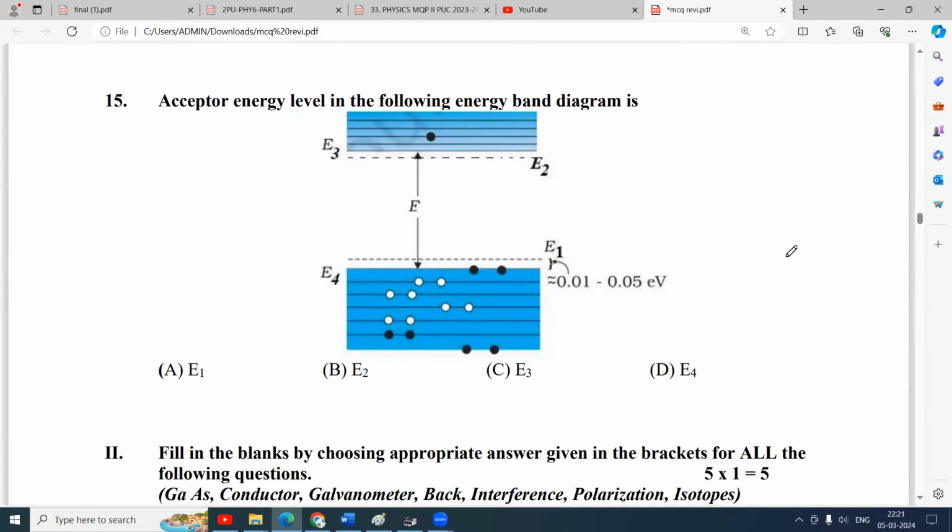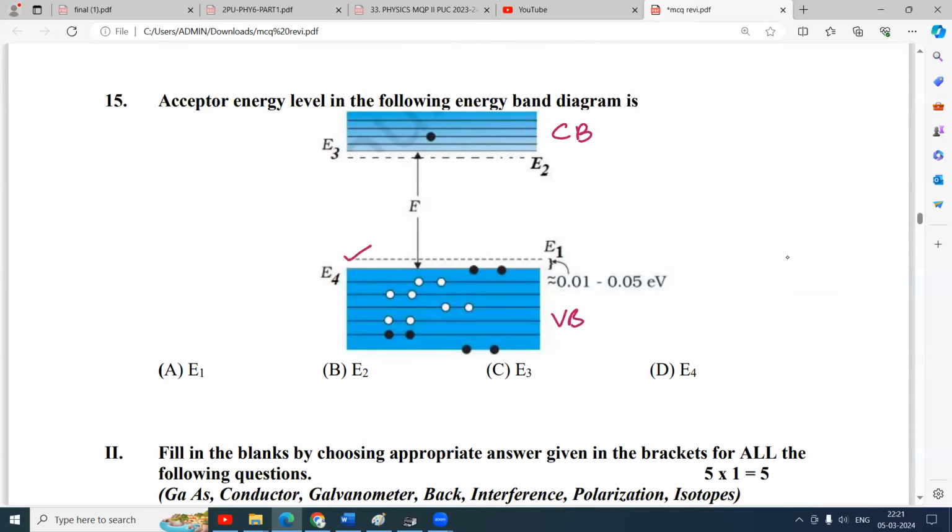The acceptor energy level in the following energy band diagram is? Whenever we dope a semiconductor material with either pentavalent or trivalent atoms, the charge carriers of the dopant atom will not be in either the valence band or conduction band. This is the conduction band and this is the valence band, and the holes of the dopant atoms will form an energy level here.